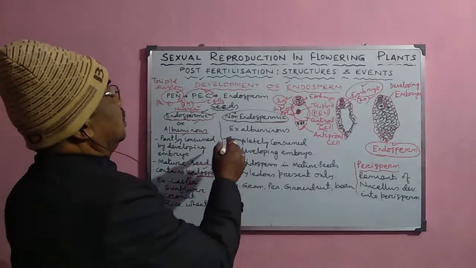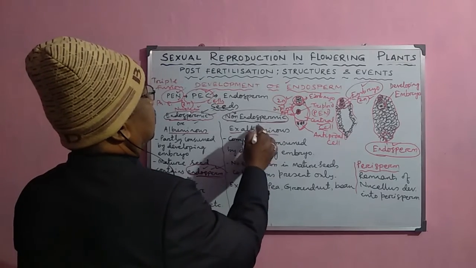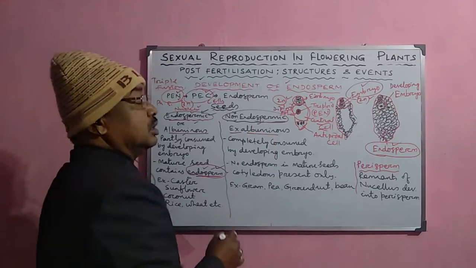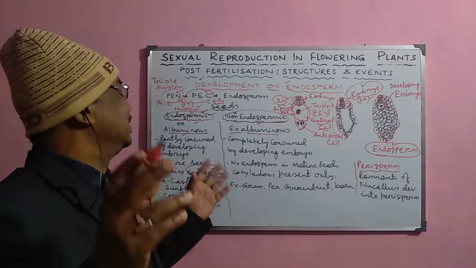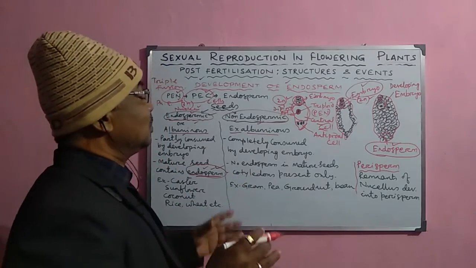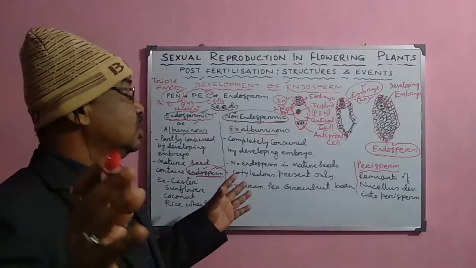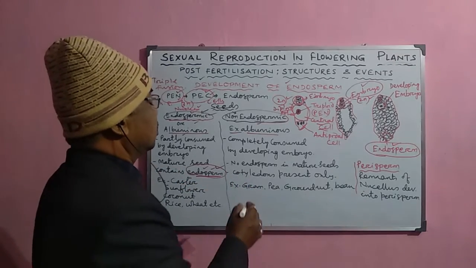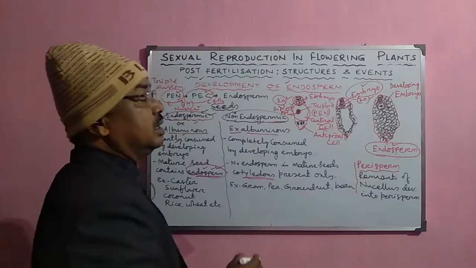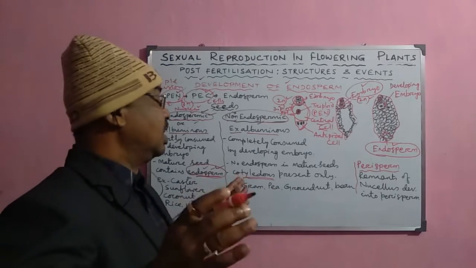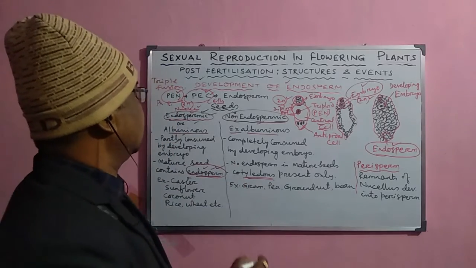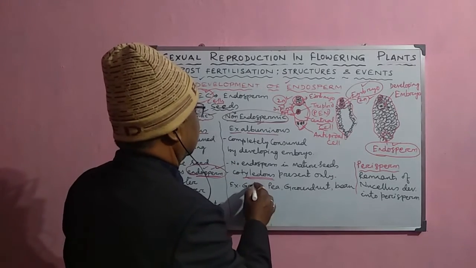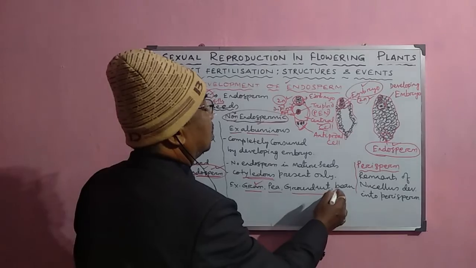Now, in ex-albuminous or non-endospermic seeds, the endosperm is completely consumed by the developing embryo. So no endosperm is present in the mature seeds, only the cotyledons, and these cotyledons supply the nutrition for the developing baby plant. Common examples are gram, pea, groundnut and bean.